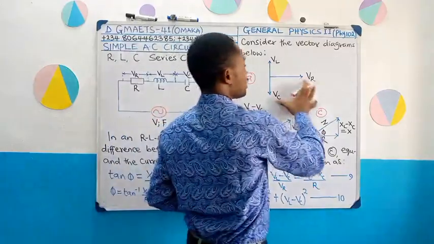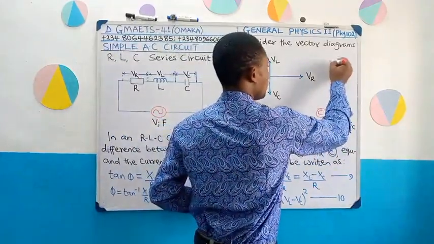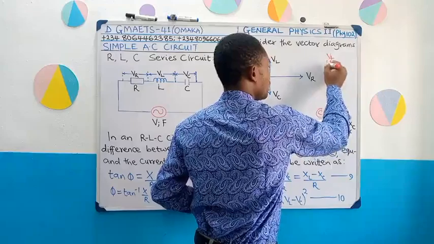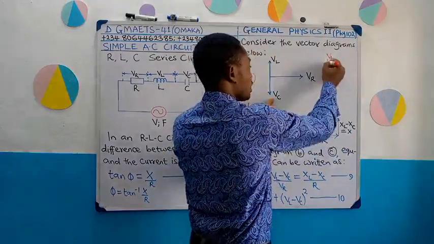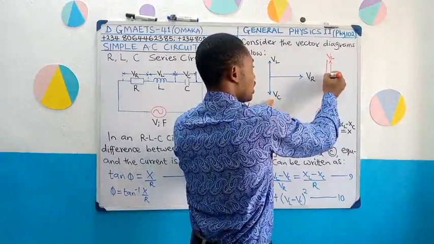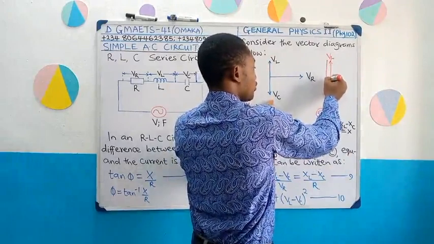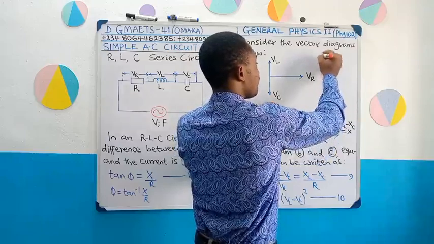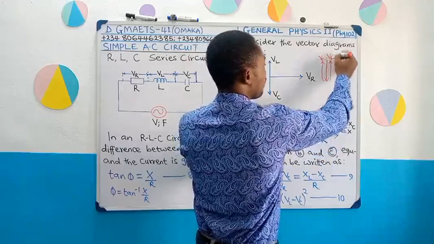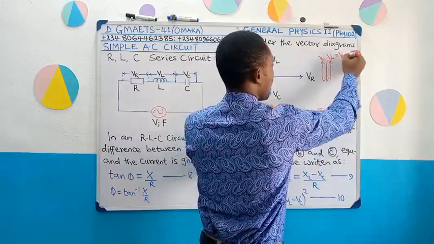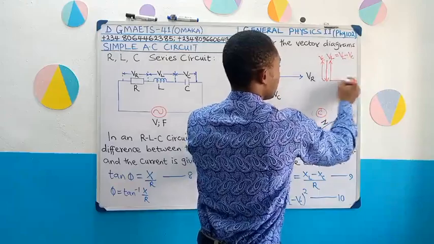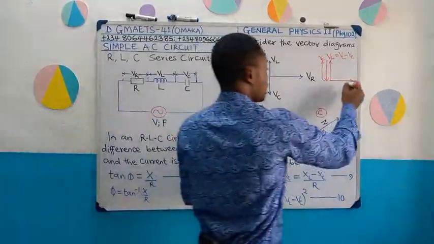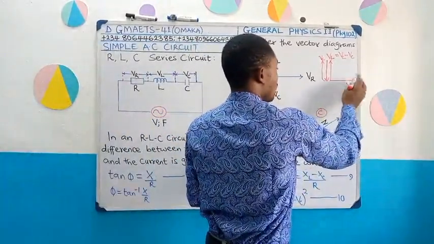Remember that this VC was facing down before, so if it now faces up, it is reversed. It therefore means that this part is going to give us VL minus VC because of the change in direction, and then this gives us our VR as before, the reference voltage.